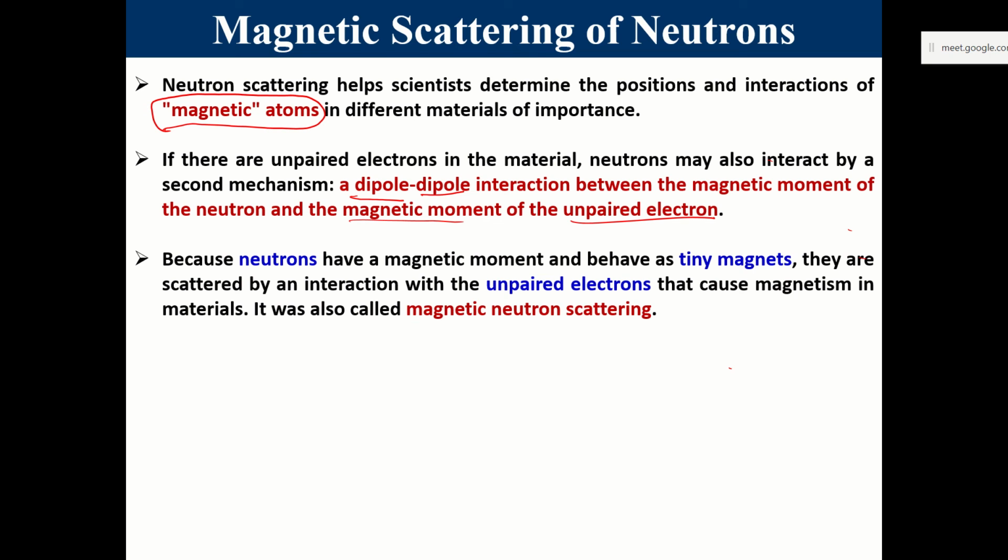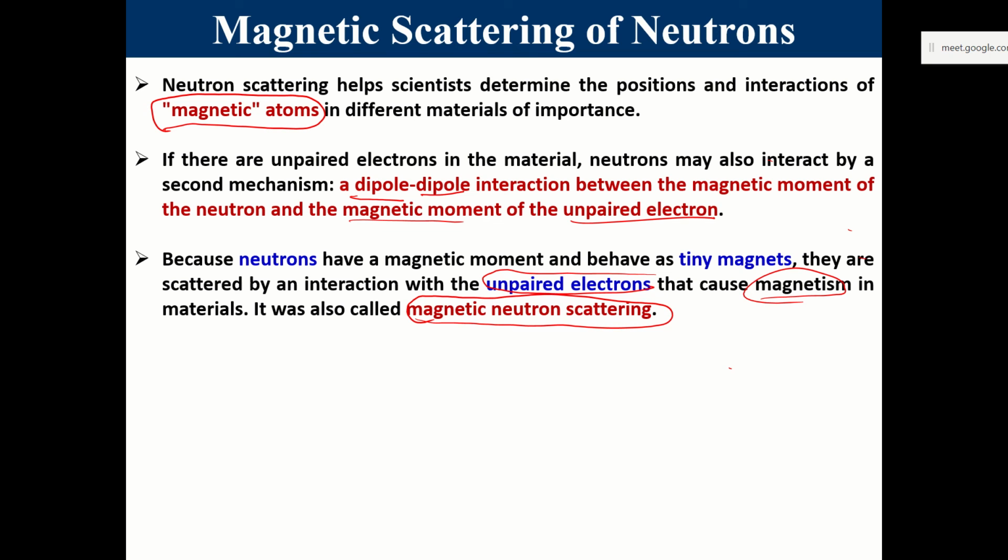So that is called magnetic neutron scattering. If a crystal has sites where unpaired electrons are there, particularly in a magnetic material, you can easily find the location of the atoms from where the neutron scattering is happening due to magnetic interaction.